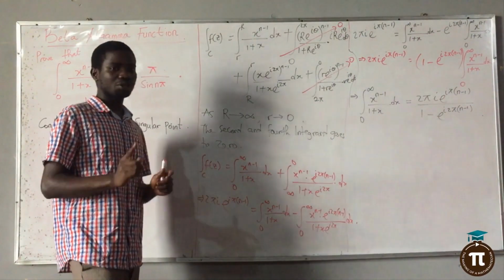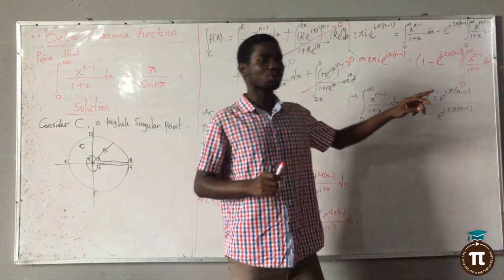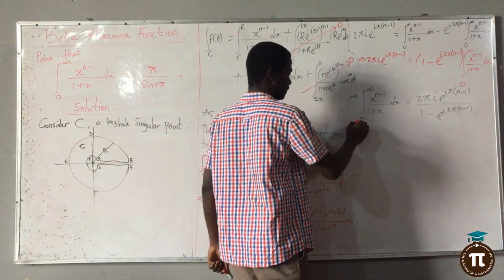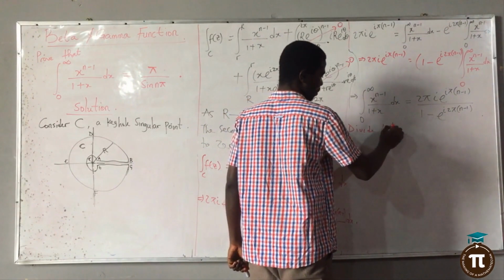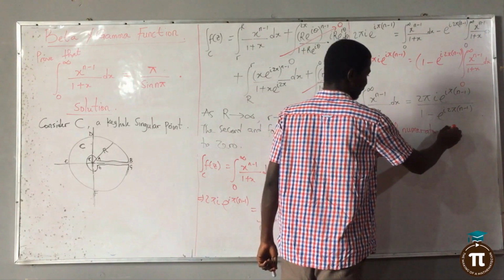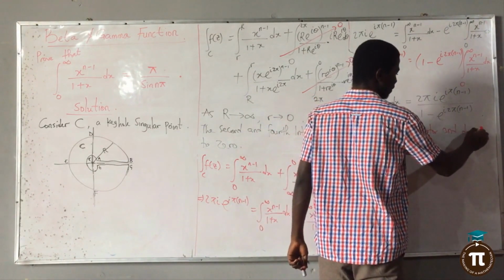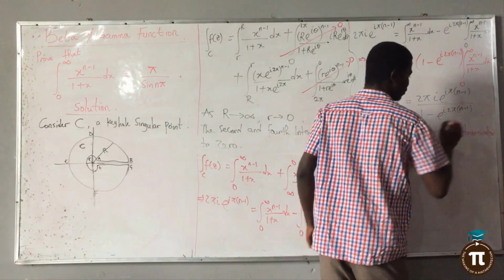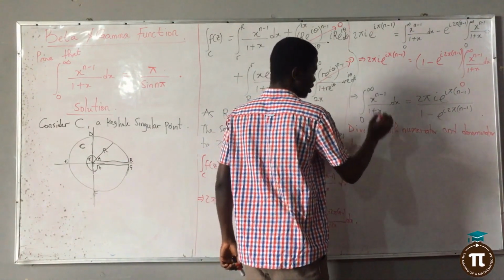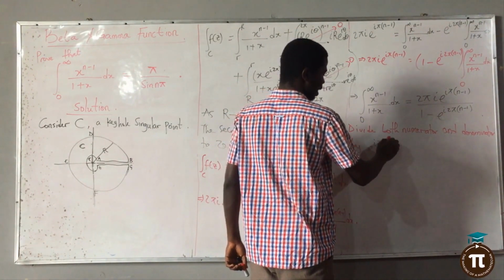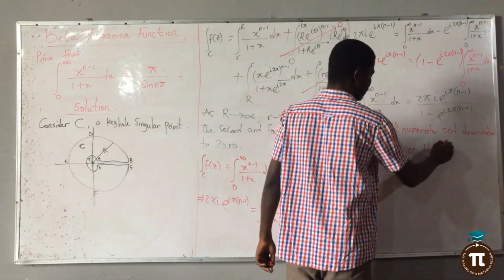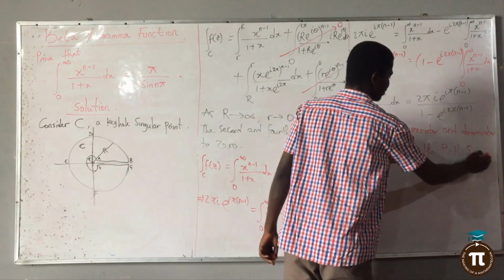So at this junction, divide both numerator and denominator by e raised to the power of i pi (n minus 1) of the right hand side.